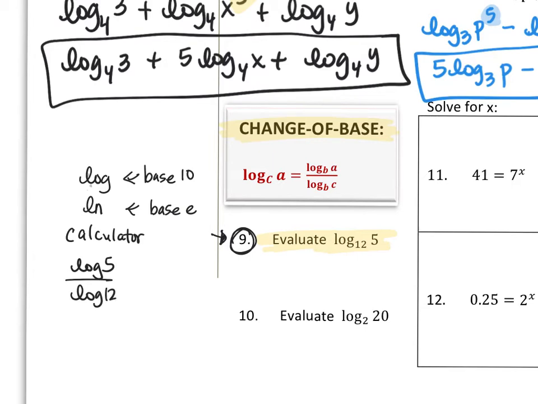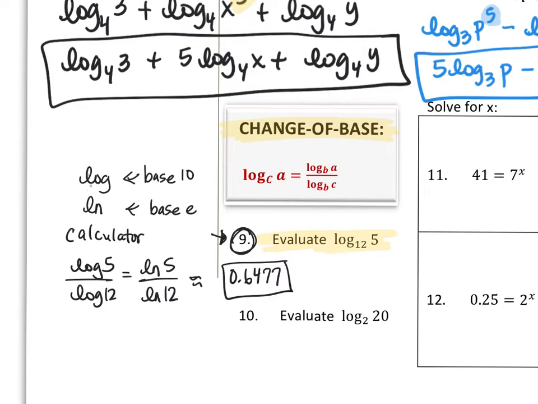That's how you can solve that thing. Or you could put it in as ln 5 over ln 12. It's the same thing. And the decimal you get for that should be 0.6477. So do it on your calculator, either way or both, and see if you understand how to do that.